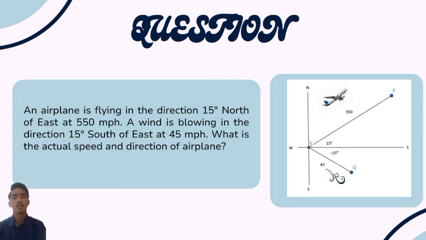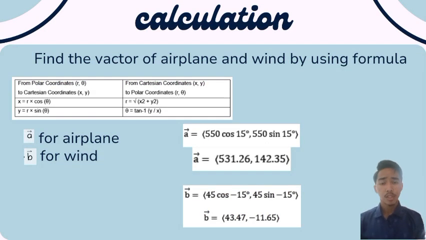So we can look at the diagram that I have given, to illustrate and imagine what happened in this question. The diagram that we have made clearly shows the direction of the aeroplane and the direction of the wind.